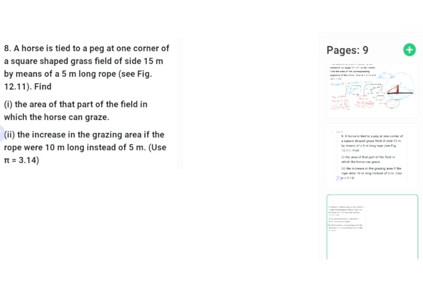Next, my dear kids, we have: a horse is tied to a peg at the corner of a square. So if I am drawing a square here, suppose a horse is tied over here. A horse is tied to a peg at a corner of a square shaped grass field of 15 meter by means of a 5 meter long rope.